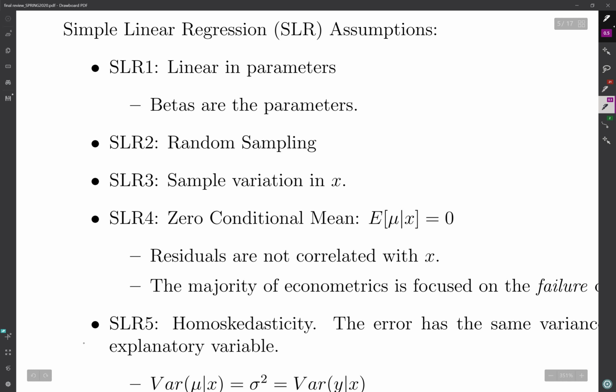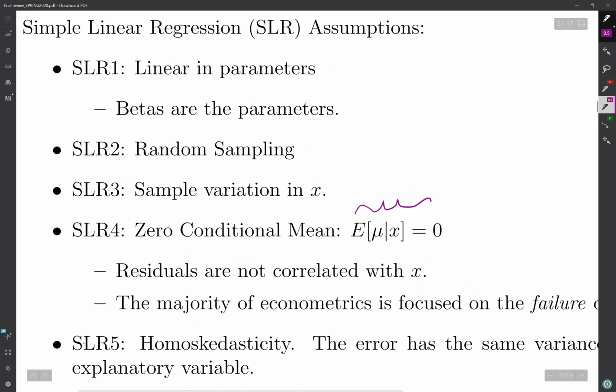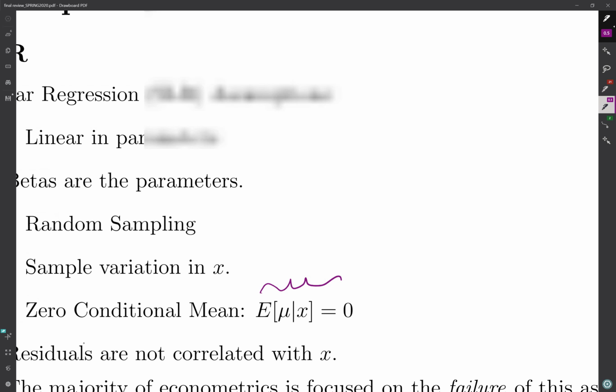Zero conditional mean. So in real life, this is probably one of the reasons we have econometrics. This is a very commonly violated assumption, and this is when we have residuals not being correlated with X. So when is that happening? Well, remember the residuals. This error is picking up all this stuff that's not in our model.